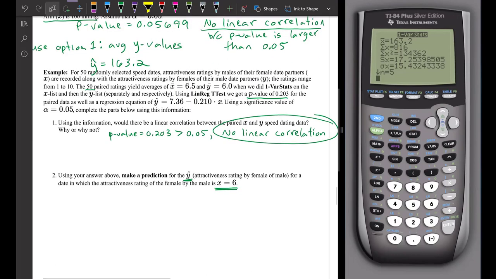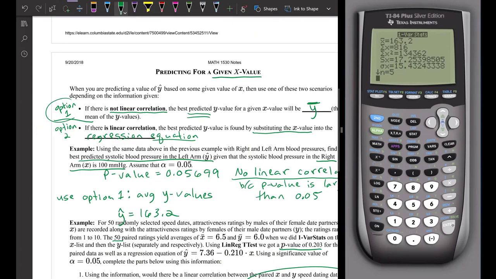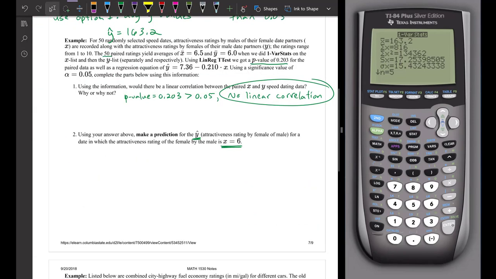Well, since we had no linear correlation, we're going to say option 1 will be what we go with here. We're going to use the average of the y values, so you don't have to substitute into the equation. Well, the average of the y values was also a 6. So y bar, which is the average of all your women's ratings, will be 6.0.